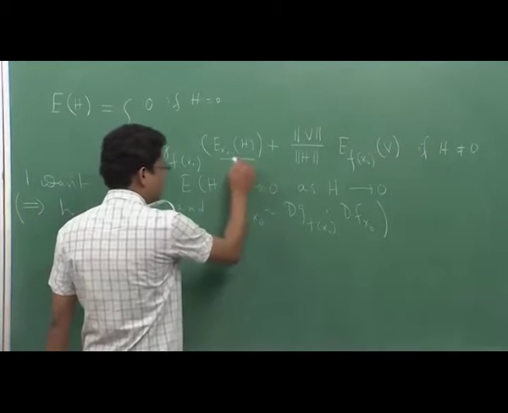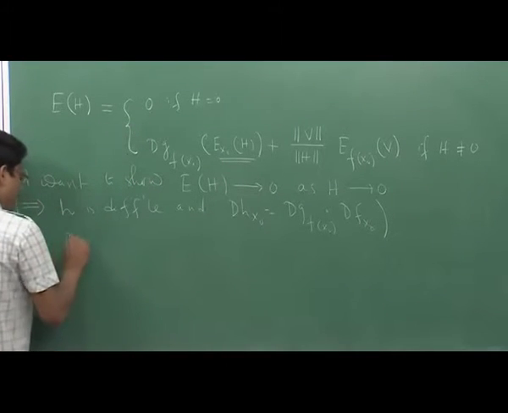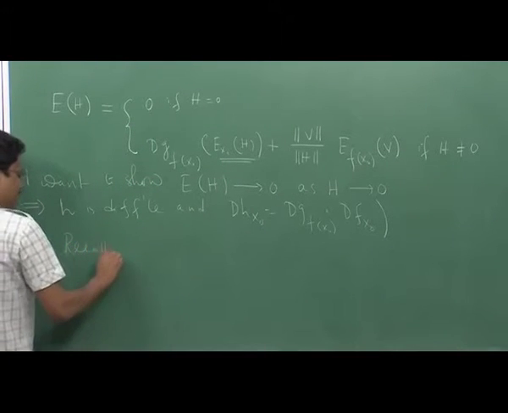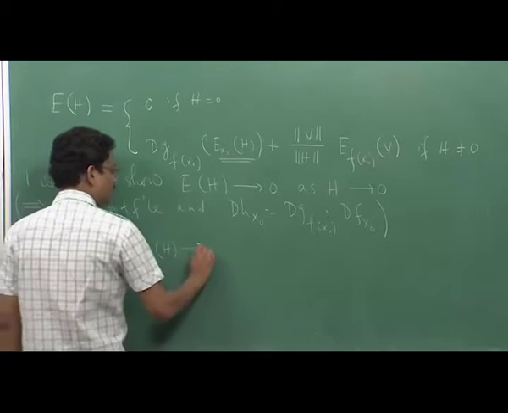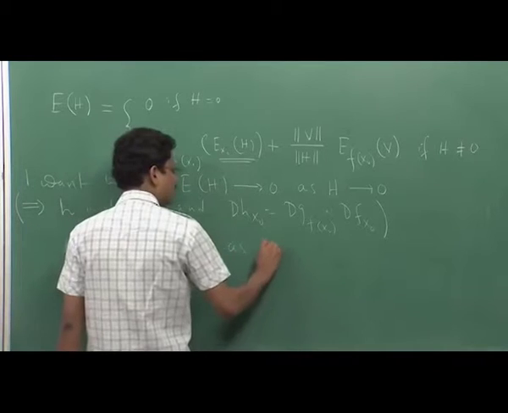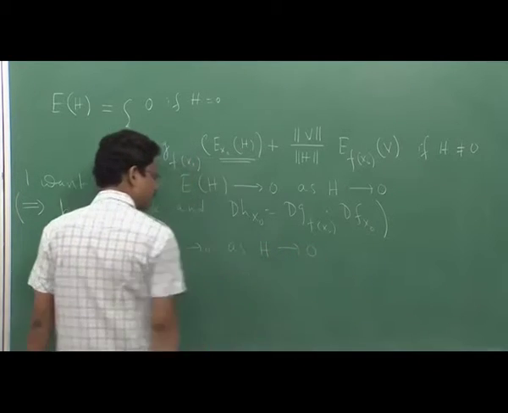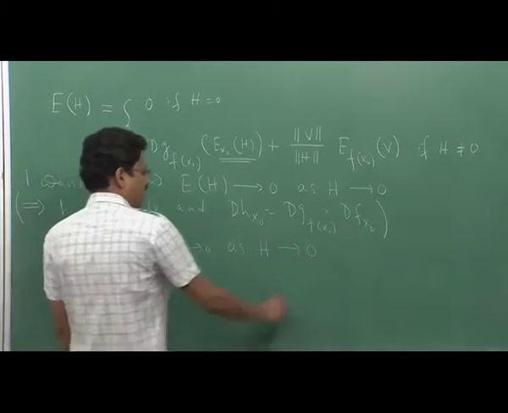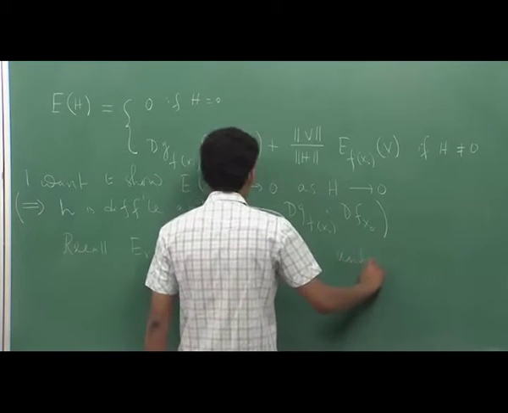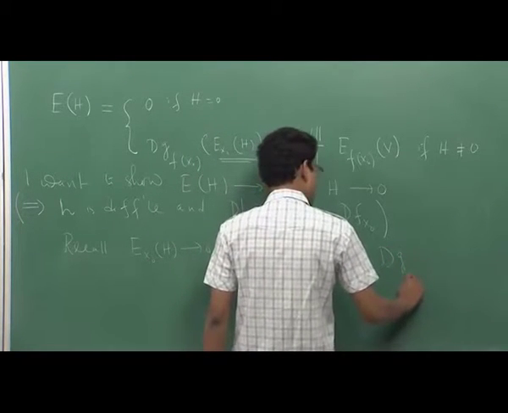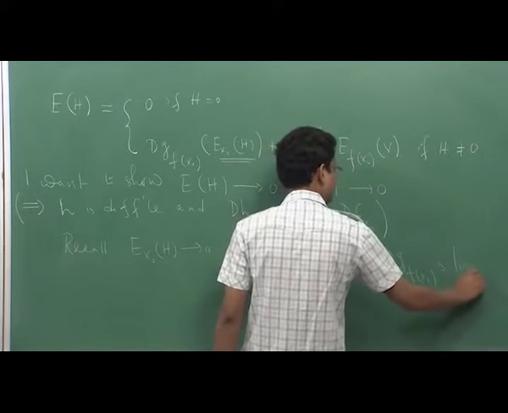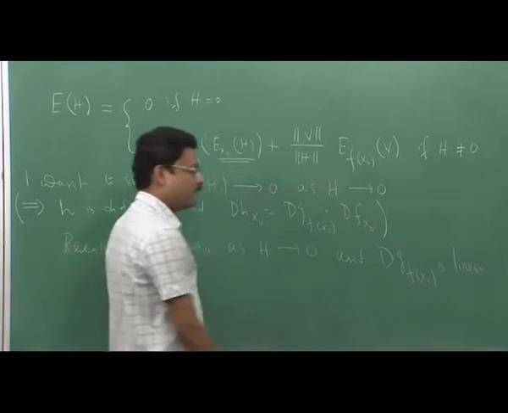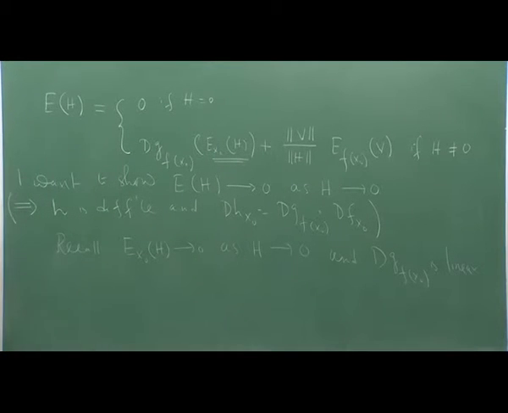Now, what was E x naught h? Recall E x naught h goes to 0 as h goes to 0. Look back at your note at the definition of V, and d g f x naught is a linear operator. Any linear operator, if a vector goes to 0, then it goes to 0.